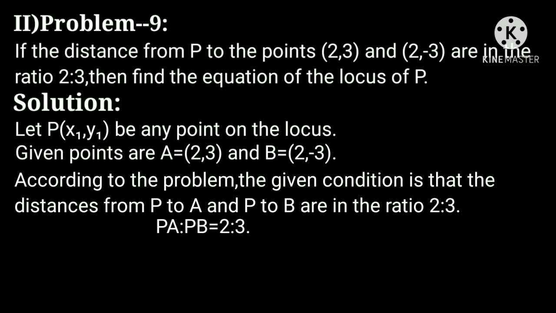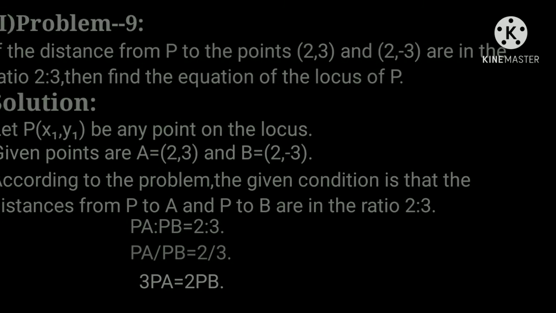Written in dividing form, we have PA/PB = 2/3. After cross multiplication, the equation becomes 3PA = 2PB. Squaring on both sides, we have 9PA² = 4PB².